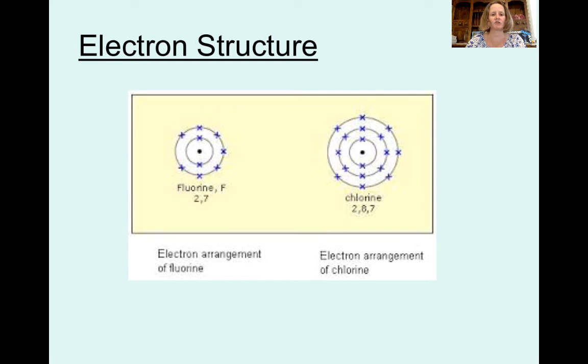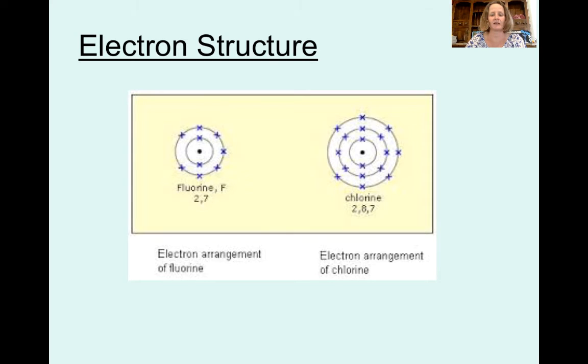The electronic structure of group 7 is shown here for two of the elements. Fluorine has the atomic number of 9, so it has 9 protons. That means it also has 9 electrons. The electrons are arranged in the energy shells, with 2 in the first energy shell, and that leaves 7 for the second energy shell.